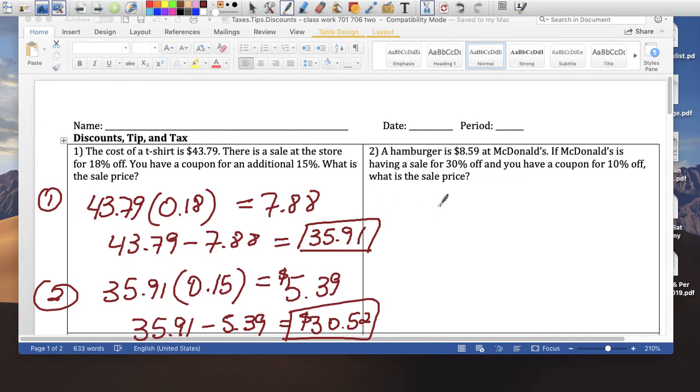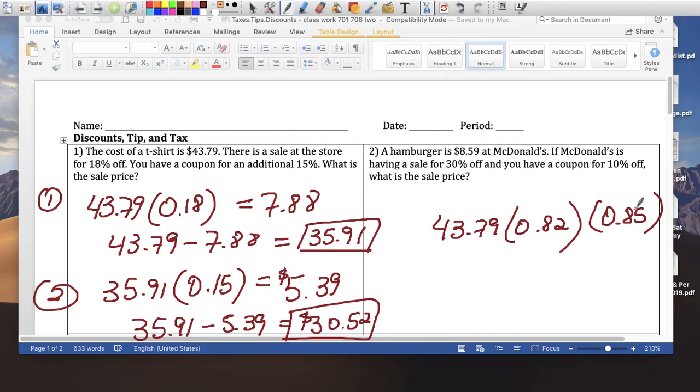Now, if you wanted to do it the other way, you would have done 43.79, right? The first discount means I'm going to be responsible to pay for 82% of the shirt. With the 18% discount, it means that I have to pay for 82%. And then I would multiply by 0.85.